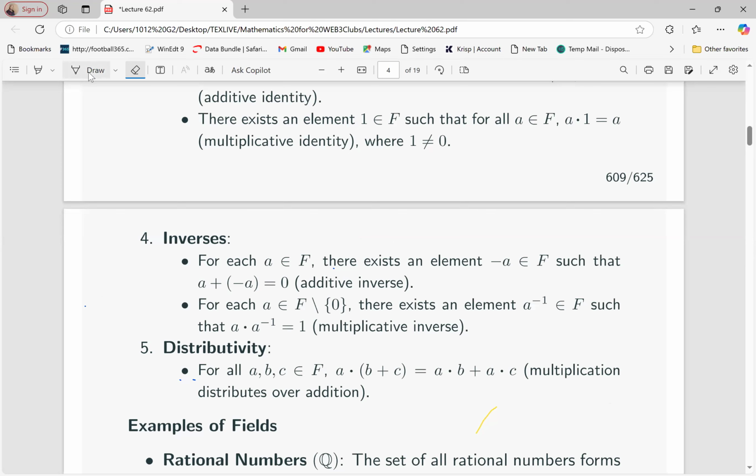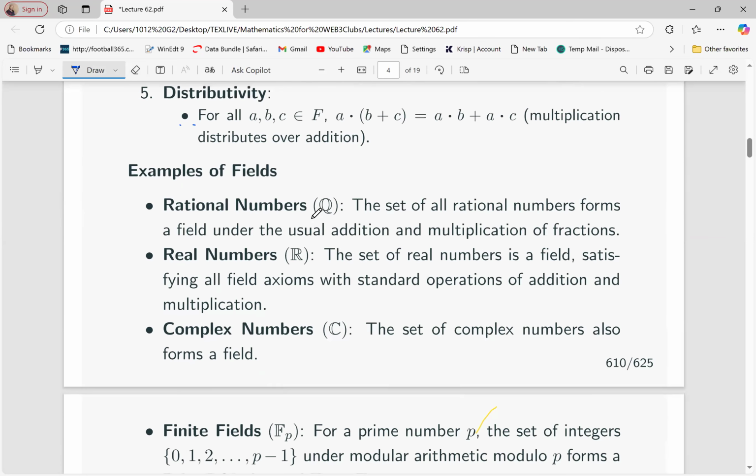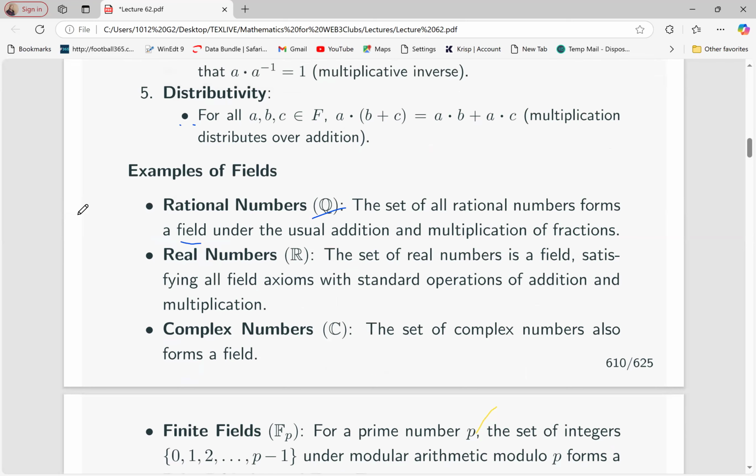Now, I wanted to look at other examples, and I've said that the rational numbers are fields. Let me just remind you what the rational numbers are.